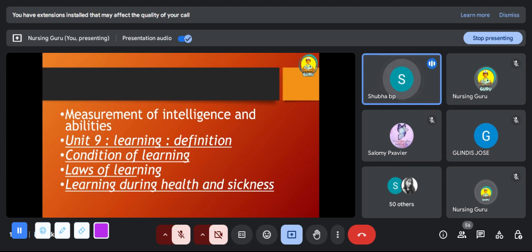And next, the measurement of intelligence and abilities. So we need to measure. We have marks out of 10. For one patient you are dealing with, there are 10 marks for intelligence that we need to give. First you need to ask them a question, and if they provide the proper, correct answer, for example, if I ask the patient, what is your name?